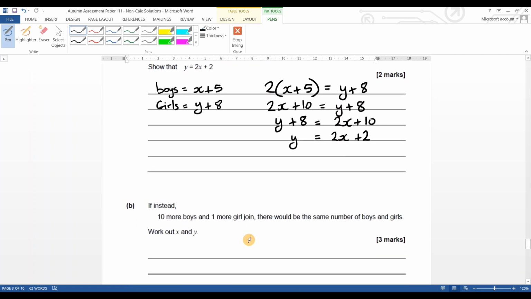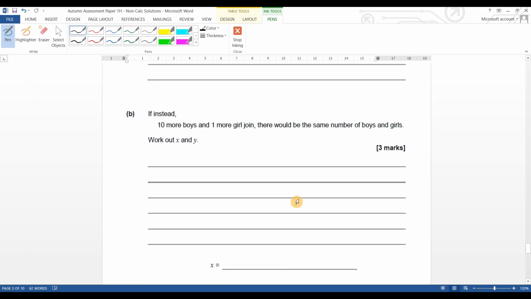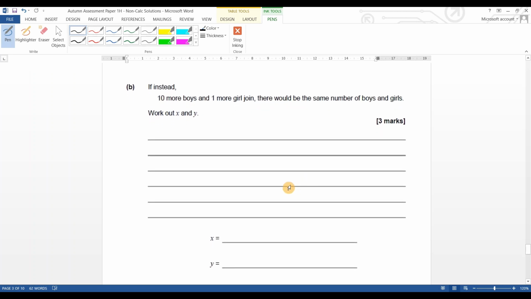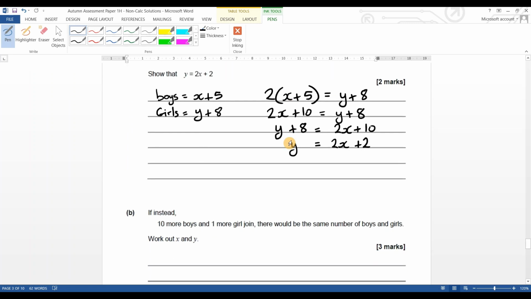Part B. If instead 10 more boys and 1 more girl join, there would be the same number of boys and girls. Work out x and y. Okay, so let's write this thing again.